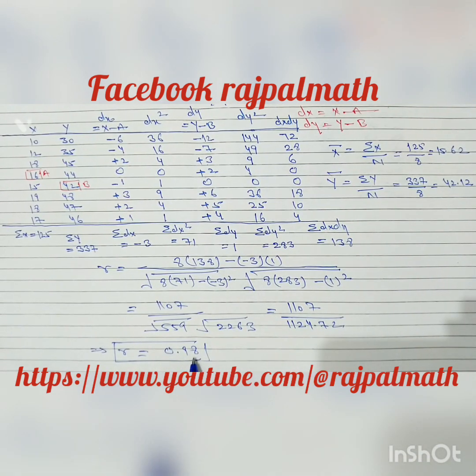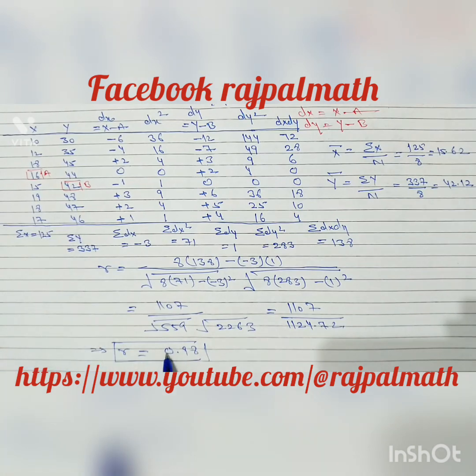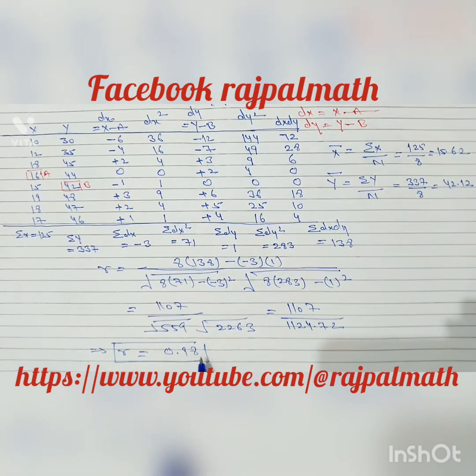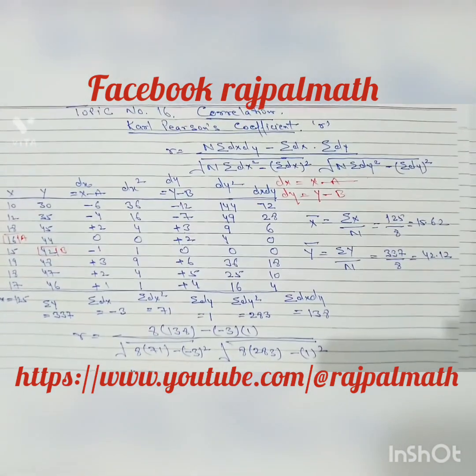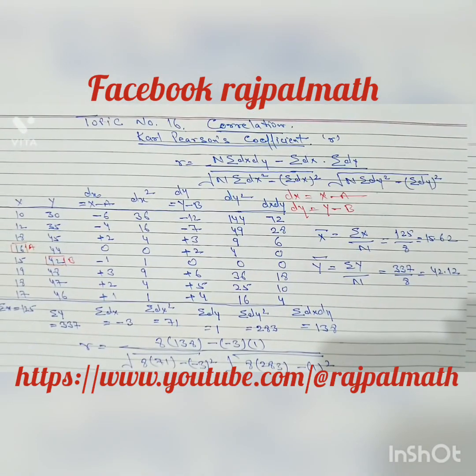Plus 0.98 means positive high correlation by the Karl Pearson coefficient method. Therefore the Karl Pearson coefficient of correlation for the given series is 0.98. Clear?